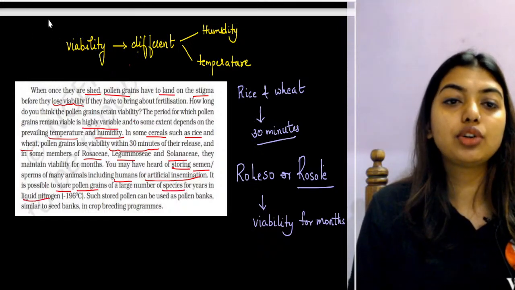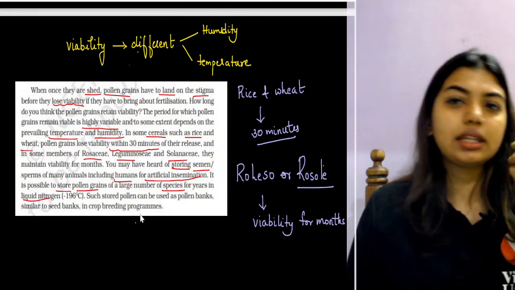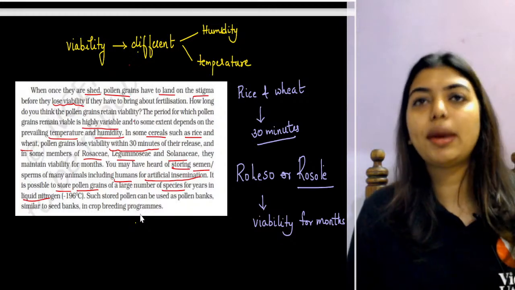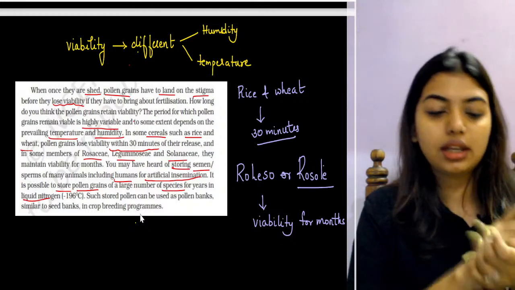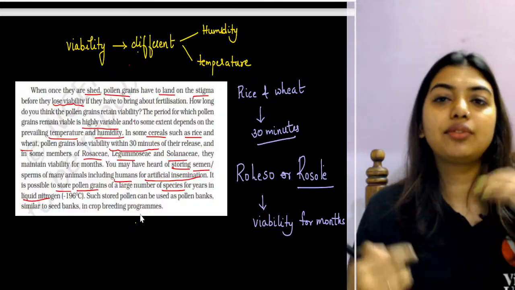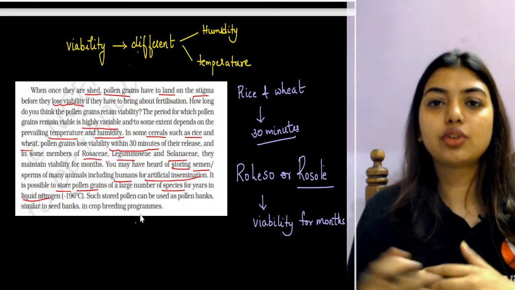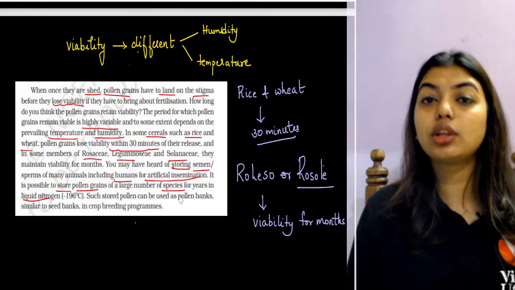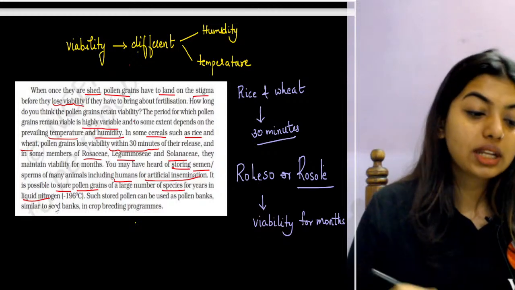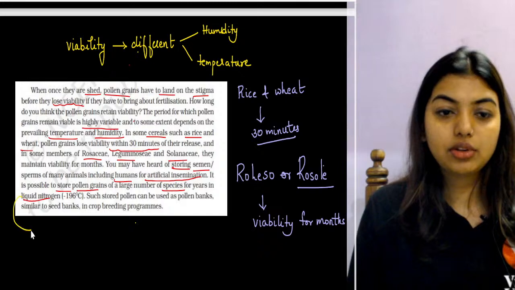So students, nowadays people also do preservation, where at the age of 30 they are not married, they take the sperm and ovum and preserve it, so that if at 40 I want to have my own child, everything is going to be safe. Same way we can also store the pollen grain, so that depending on our need, we will be able to use its viability.